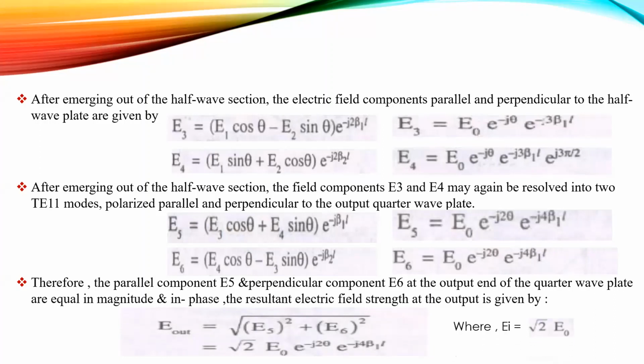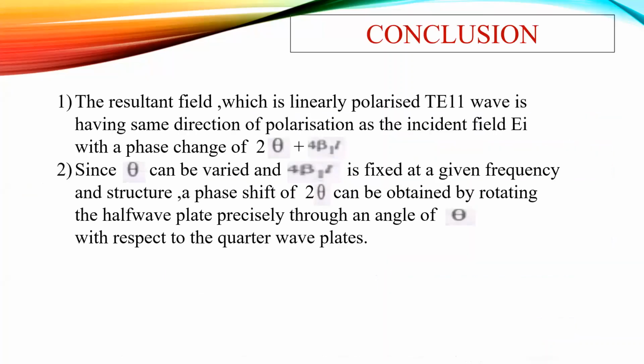Now if you substitute root 2 times E0 as Ei, the final expression of the resultant electric field strength would be E out equal to Ei e power minus j2 theta, e power minus j4 beta1 L. And finally, the conclusion is that the resultant field we obtain is linearly polarized.